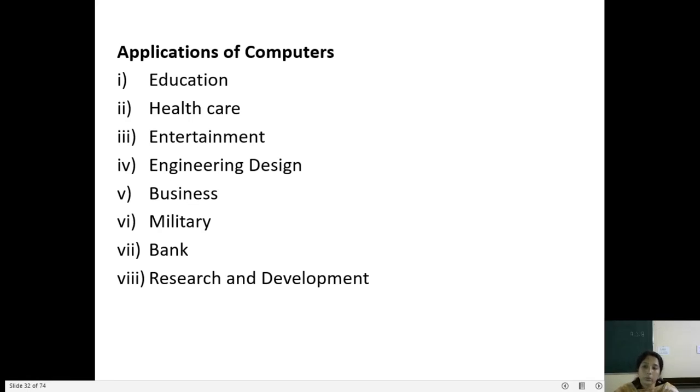Applications of computers, you know very well, computers are used in every field. Nowadays, without computers, we can't live. We can use computers in education, healthcare, entertainment, engineering design, business, military, banking, research and development.